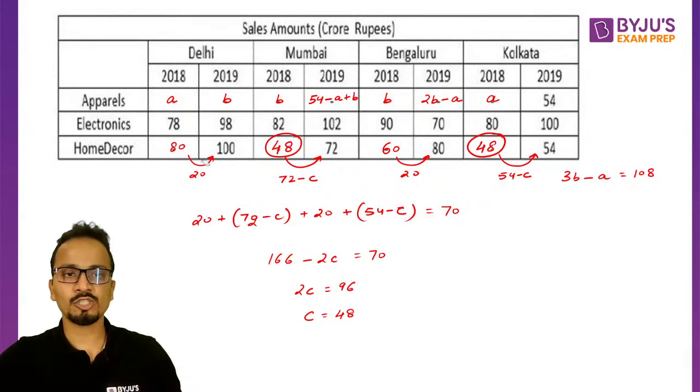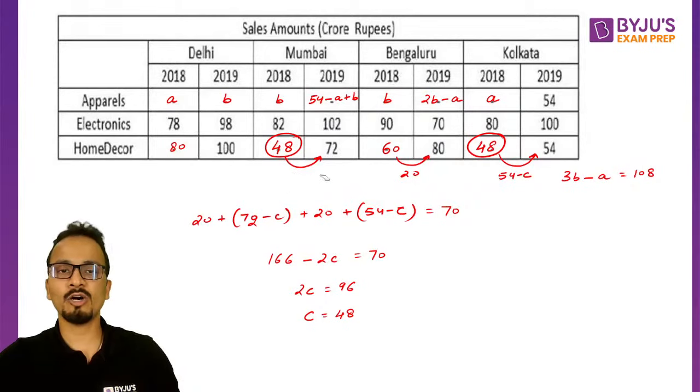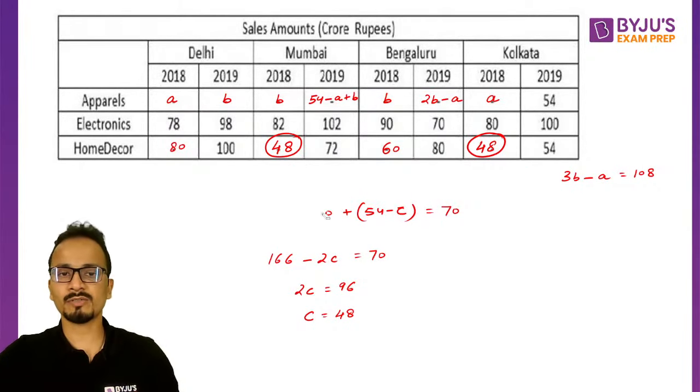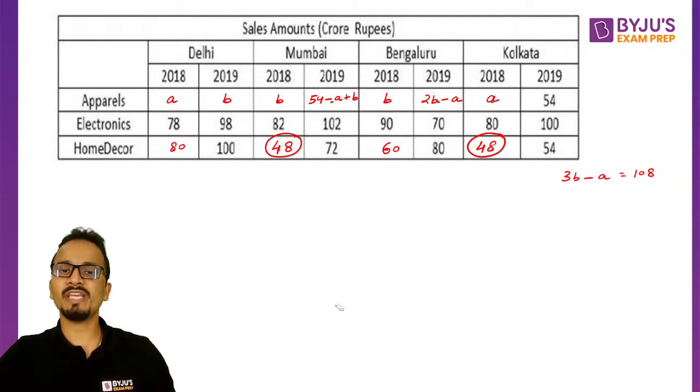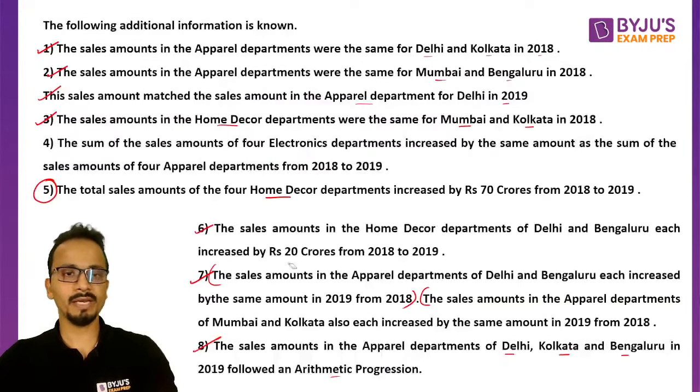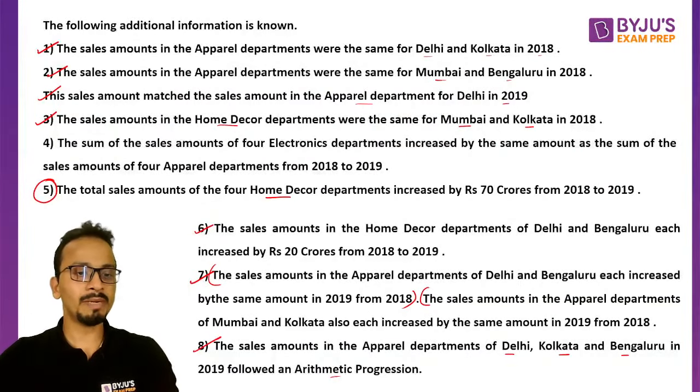That's nice. So now let's erase again all the remaining data very quickly to make way for the other rough work. So one equation is left now. One statement is left now. Let's look at what can we get from that equation. Now statement number 4, finally.